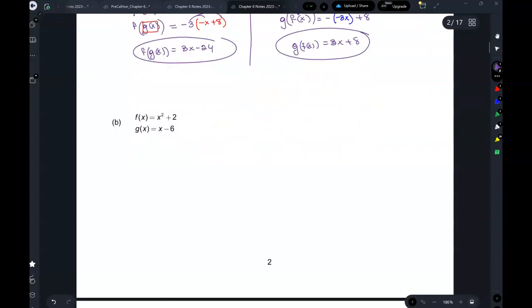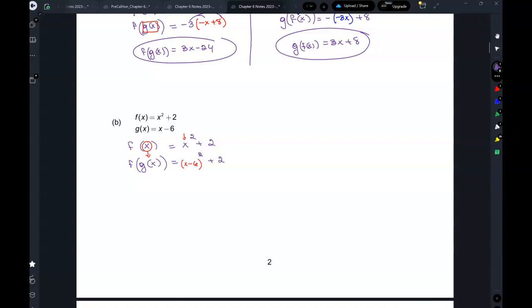Okay, so here, I'm going to find f of g of x. So again, the outside function is f of x. So I put f of x equals x squared plus 2. Now, x has to be replaced by g of x. So every place there is an x, I have to switch it out. Okay, what's g of x? X minus 6. So this is going to be x minus 6 squared plus 2.